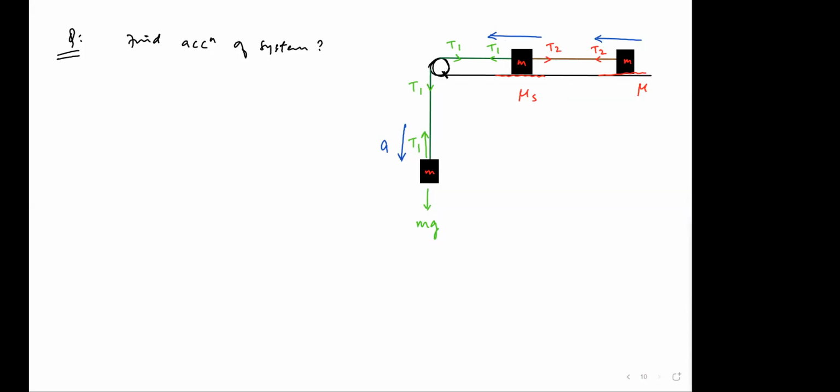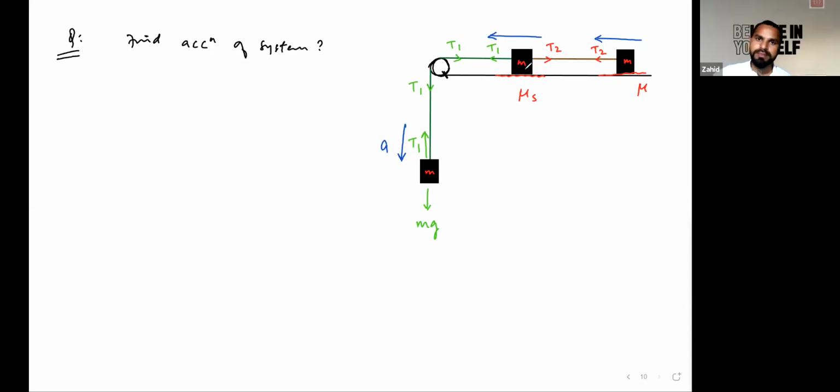Now, if you want to calculate the frictional force at this point, there would be one force in the downward direction, that would be mg, and to balance this, the surface must apply an opposite force, that is the normal reaction.